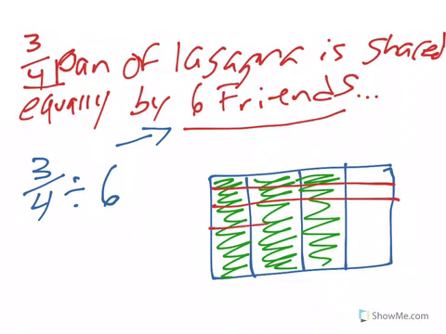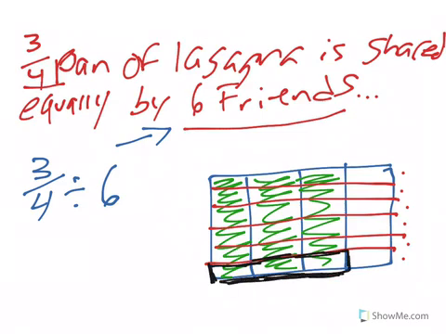1, 2, 3, 4, 5, 6 sections, right? So we're looking at 6 different sections. And if, let's use black here, if one person is going to get this much of the whole thing, that looks like we have 3 pieces out of 24 total pieces, 3/24.